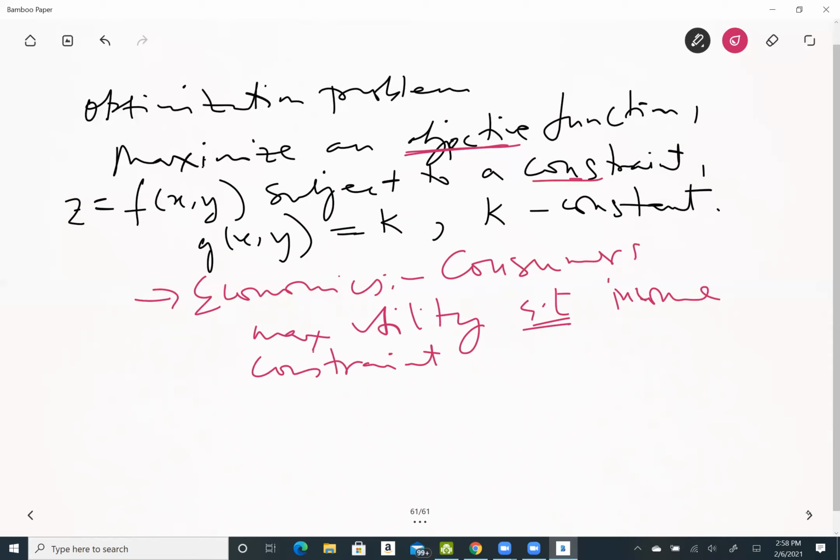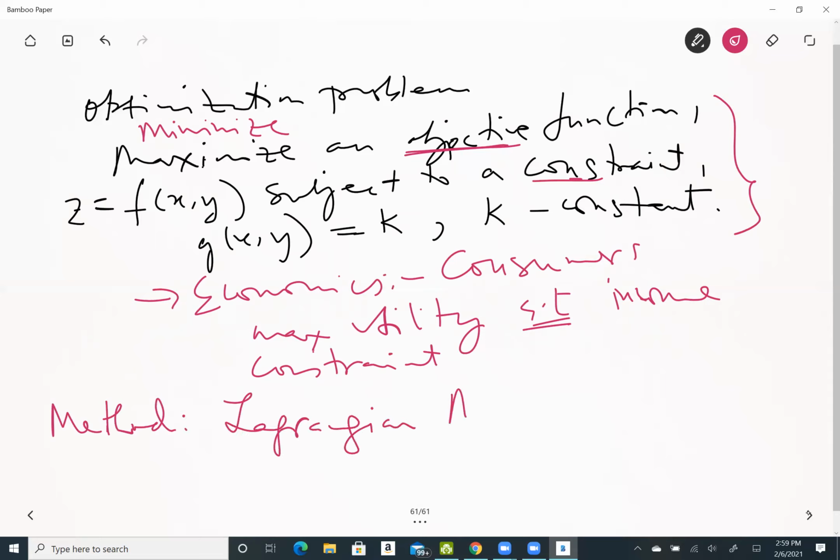So that is our problem. This is also true if I want to minimize. It's not only to maximize, you can also do a minimization problem: I want to minimize an objective subject to a certain constraint. Now, the method to solve this is the Lagrangian multiplier method.